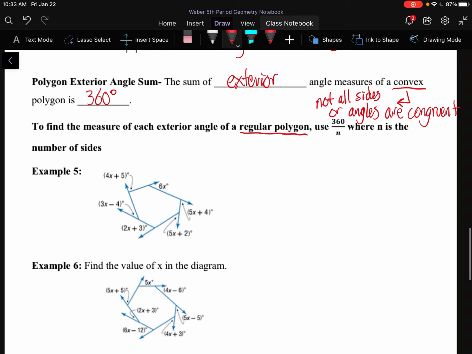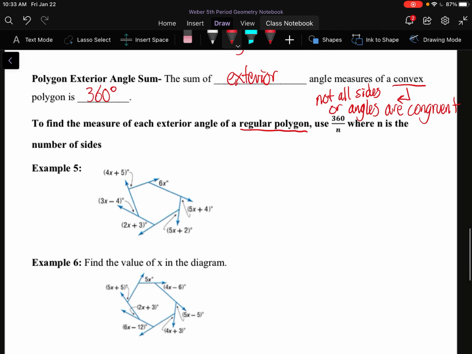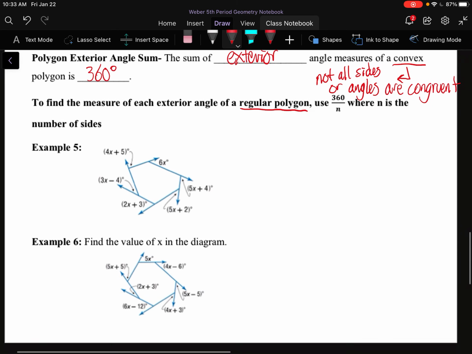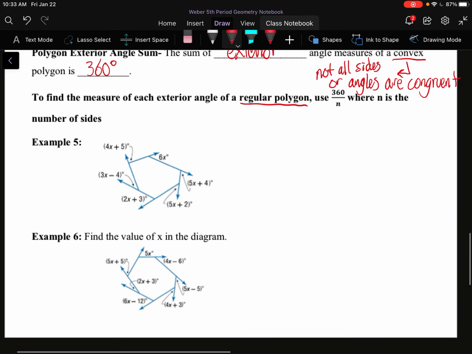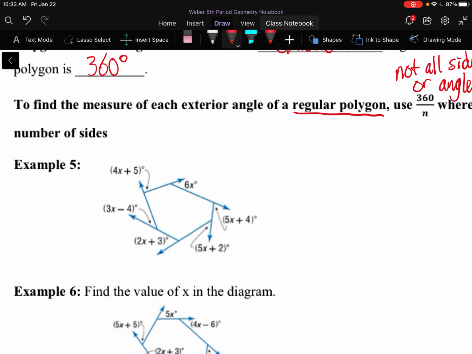If we move on to example 5, we need to find the angle measurements of these angles on this polygon. Notice that I have a bunch of equations. I have a 4x plus 5, I have a 6x, so on and so forth.